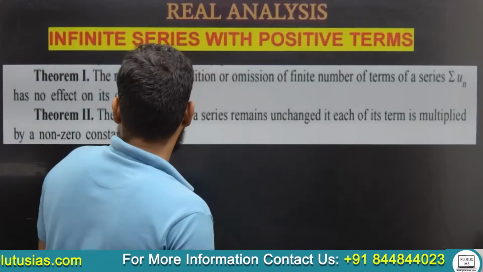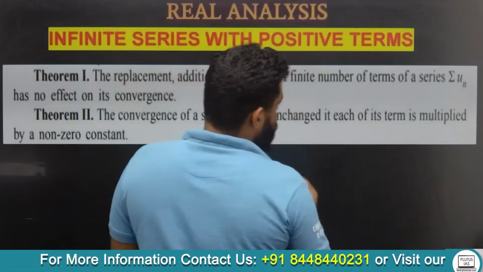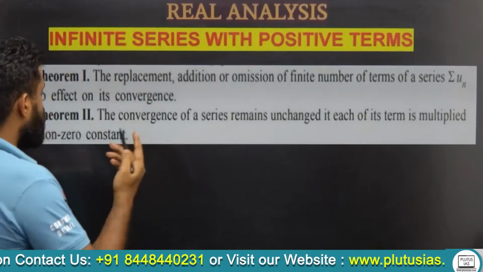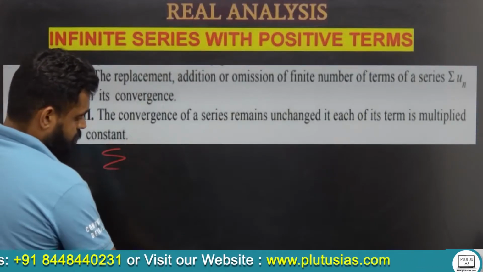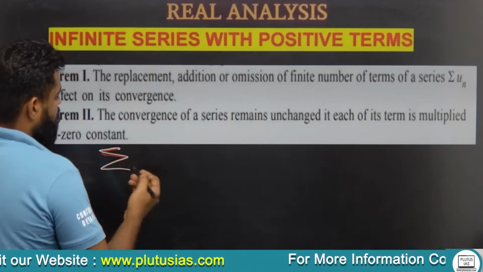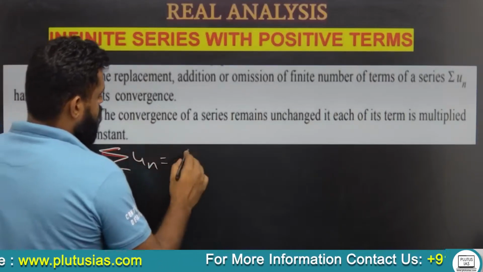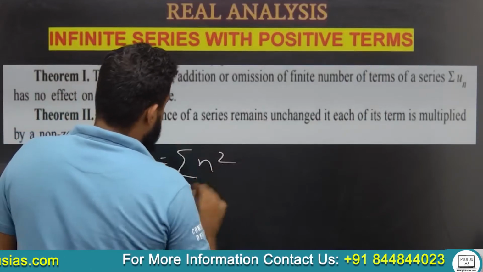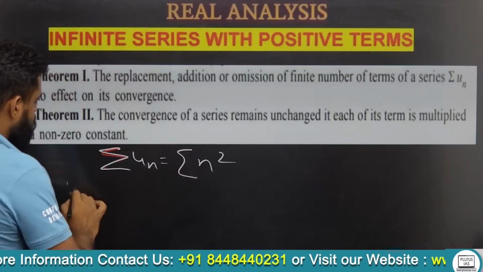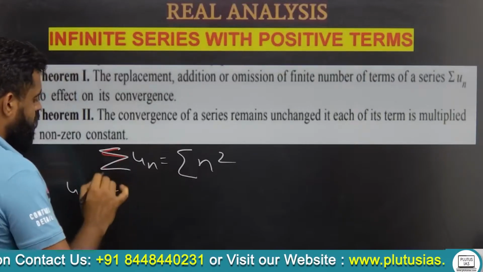Suppose here we take the same case which we took earlier. That is, what if I take summation un is equal to summation n square? That is, we have to find where un is equal to n square.